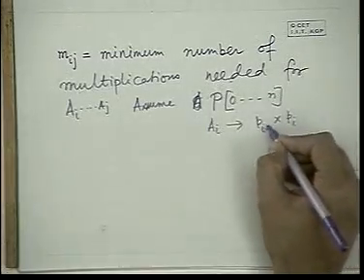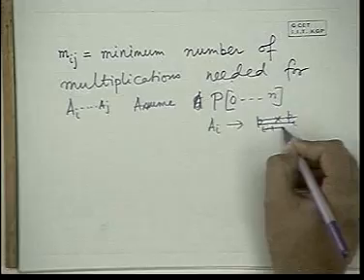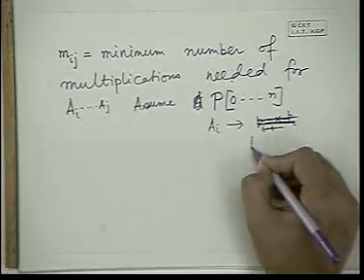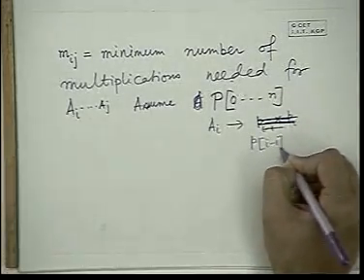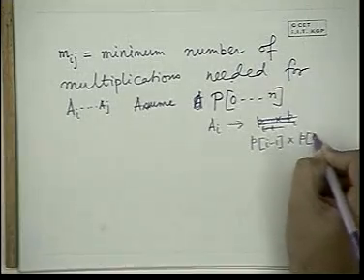Sorry, I should not say p_i here, because it is now an array, so I should put p_{i-1} cross p_i.